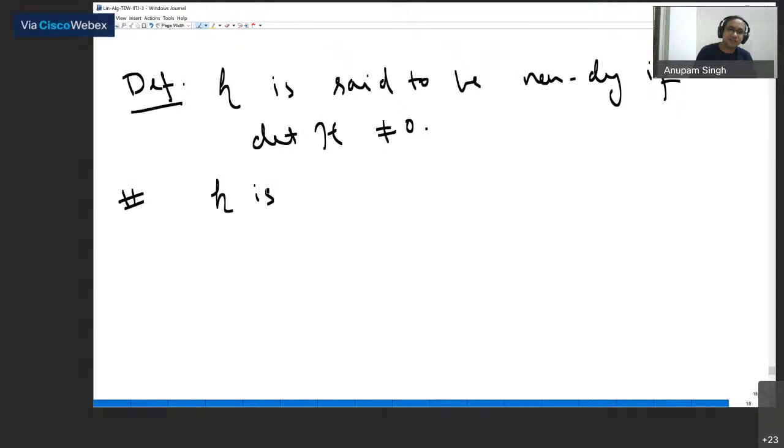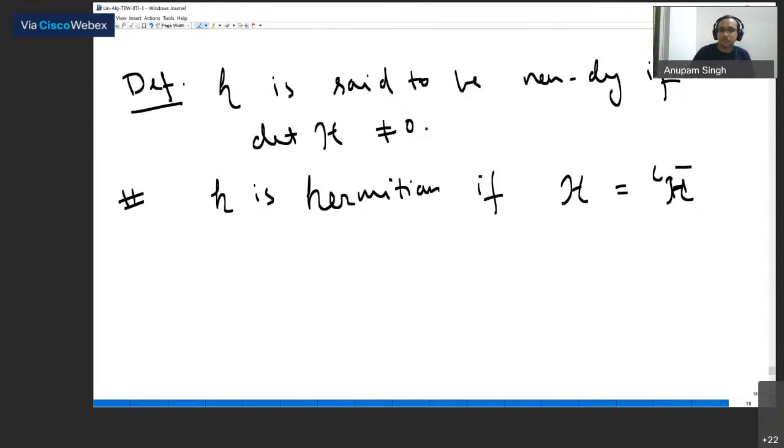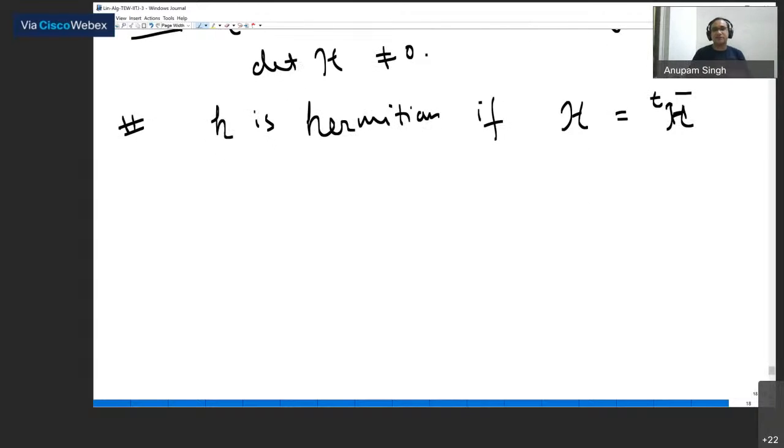And we can also compute and see what happens to the associated matrix when H is Hermitian. Remember that Hermitian means H equals H bar transpose. When we switch the coordinate, instead of H being H transpose, which is what a symmetric bilinear form gives, here the second coordinate changes with the bar, so H bar.